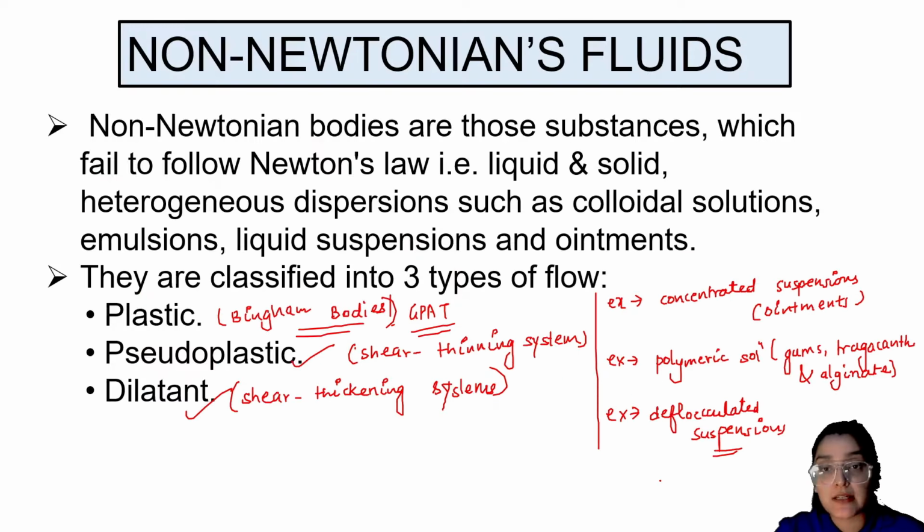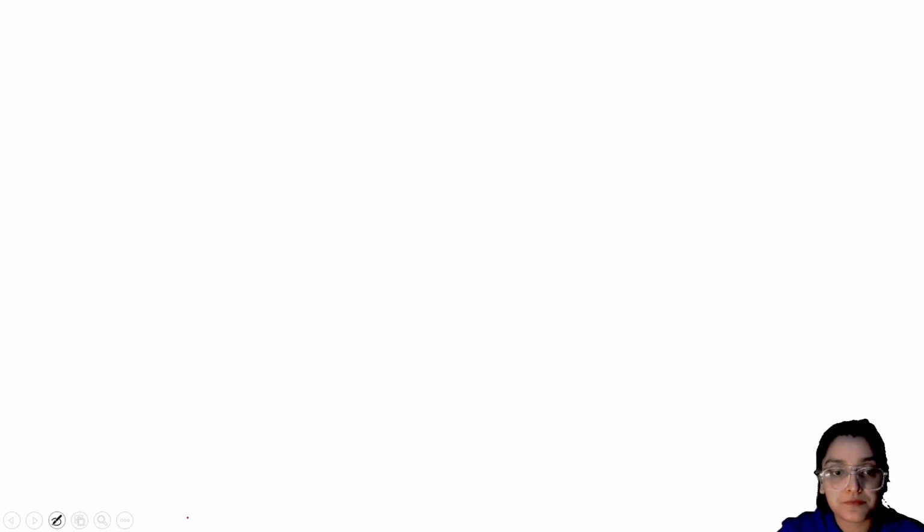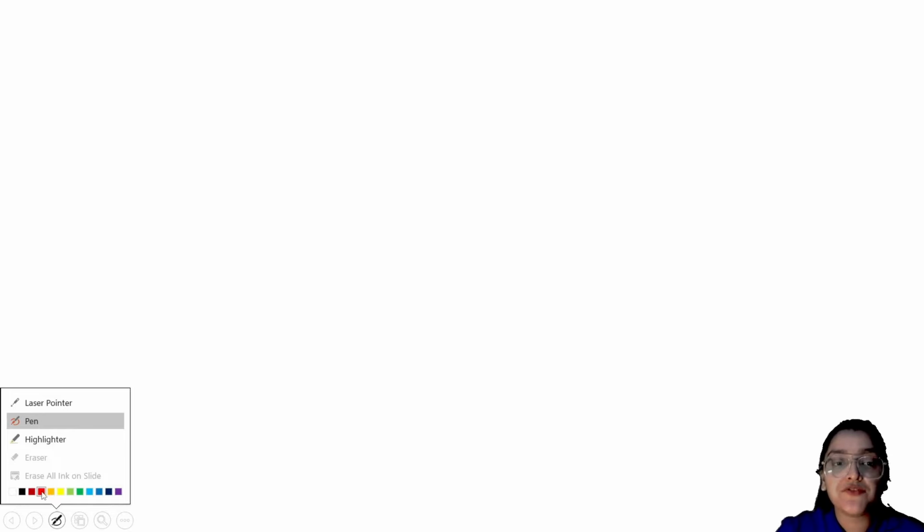What we have discussed, I shall summarize in a little detail. We have just discussed two sections. One converts gel to sol and back to gel upon the application of stress.